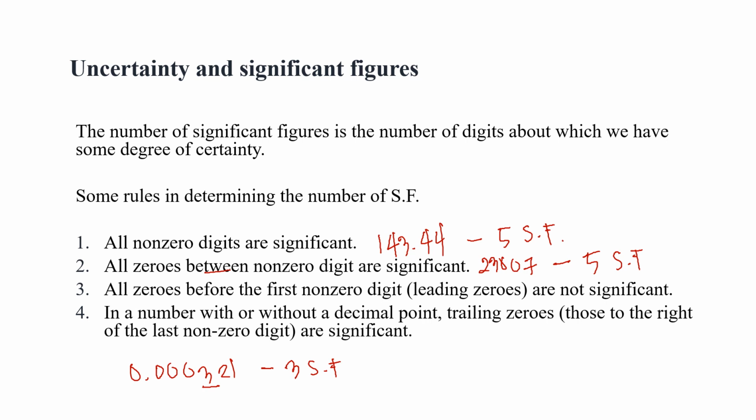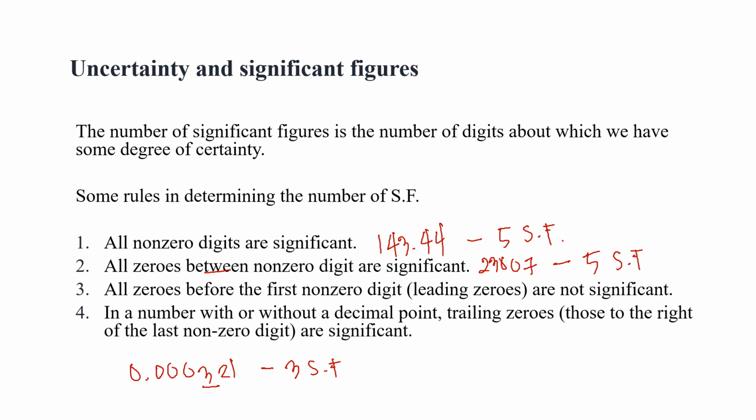So all the zeros to the right are significant. Previously, all zeros to the left before your first non-zero digit are not significant, while here, all zeros to the right of your last non-zero digit are significant.